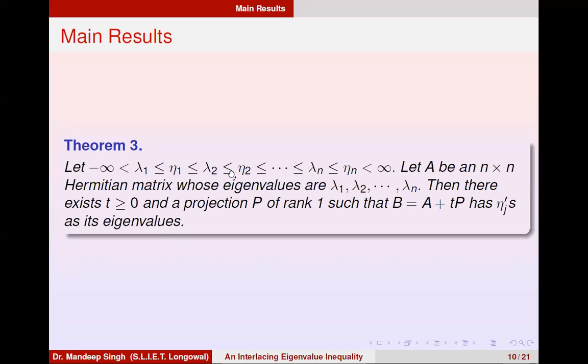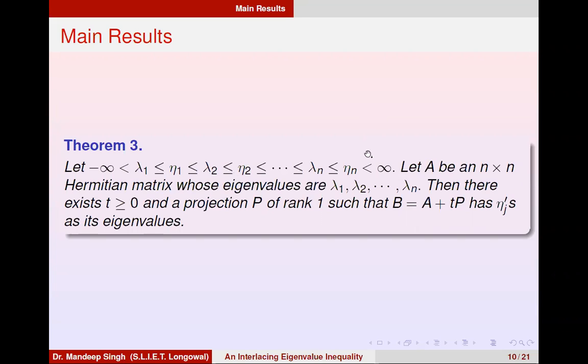Then we come to the main part of our result. See, this is the set of interlacing numbers. Interlacing numbers means they are lined between each other. Lambda 1 less than equal to eta 1 less than equal to lambda 2 less than equal to eta 2 and so on, less than infinity.